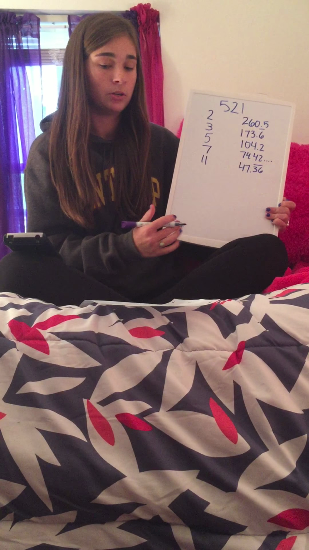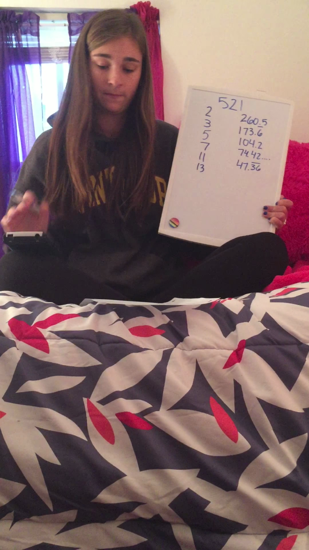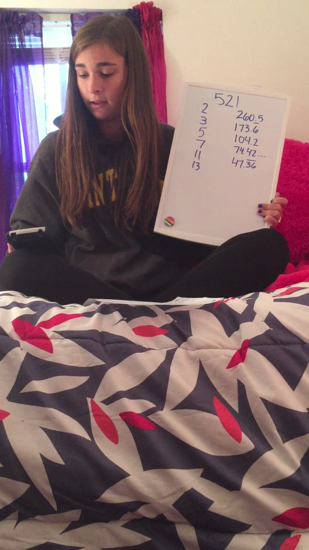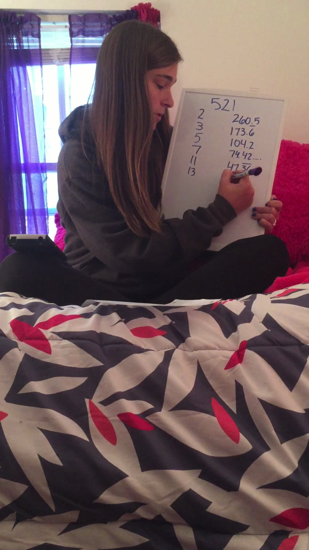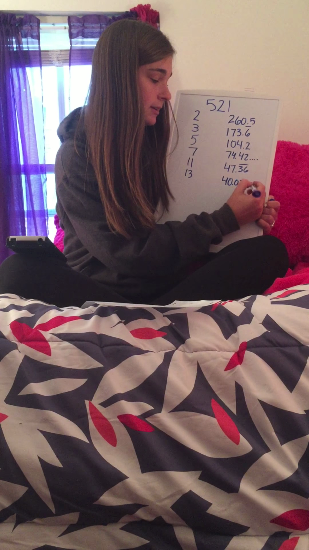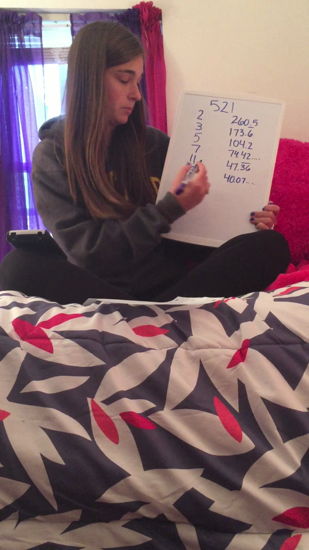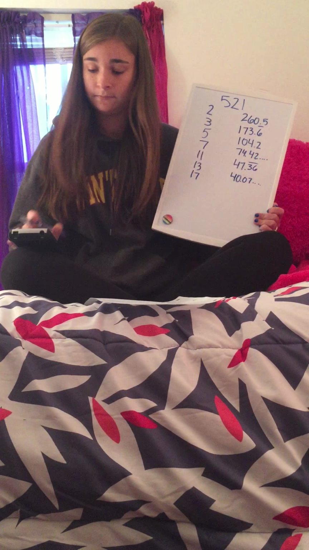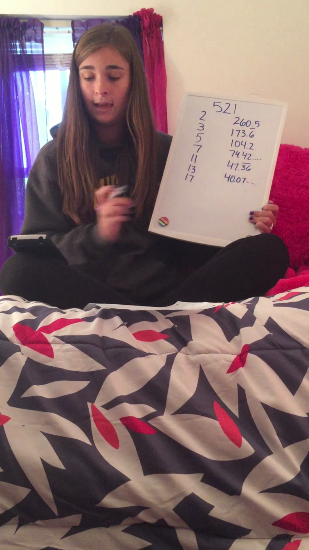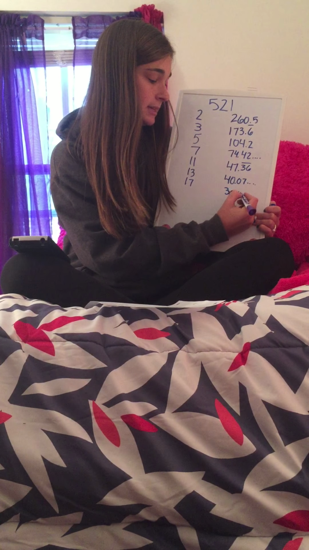That isn't a factor, so let's try the next number, which is 13. 521 divided by 13 equals 40.07 and so on. That isn't a factor, so let's try the next number, which is 17. 521 divided by 17 equals 30.64 and so on.